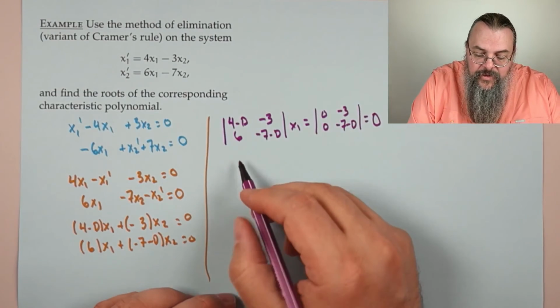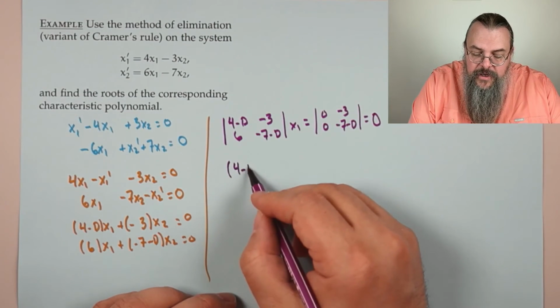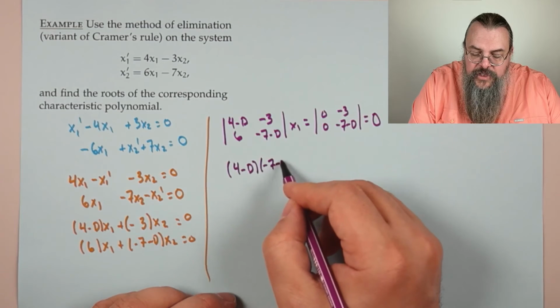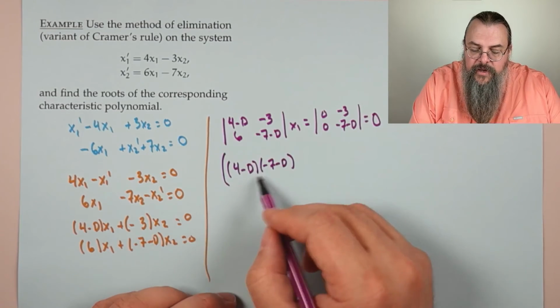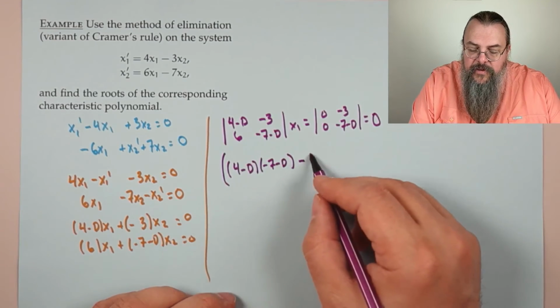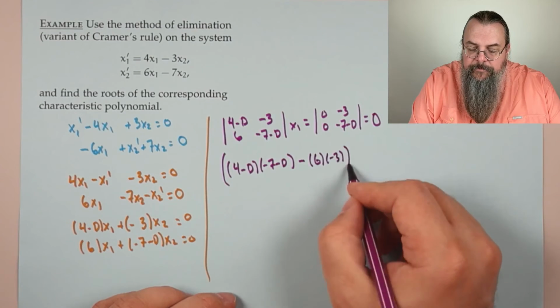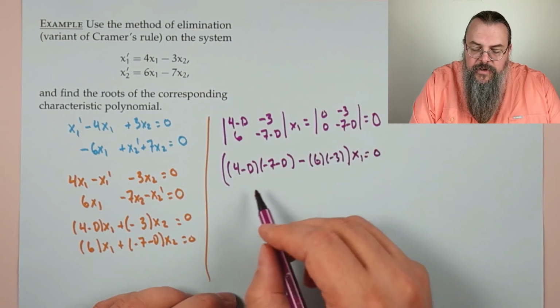All right, so from here, you'll see a lot of deja vu. So we're going to take (4 minus D) times (minus 7 minus D), subtract 6 times negative 3, times x1 equals 0.